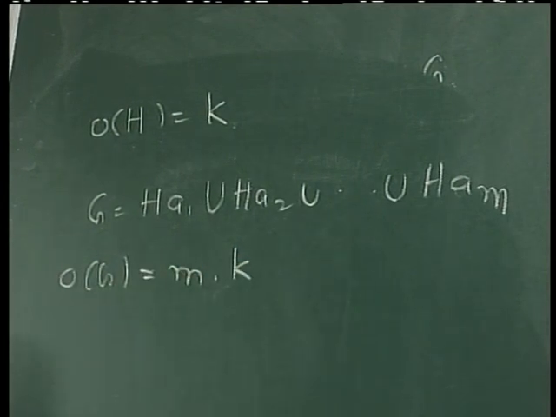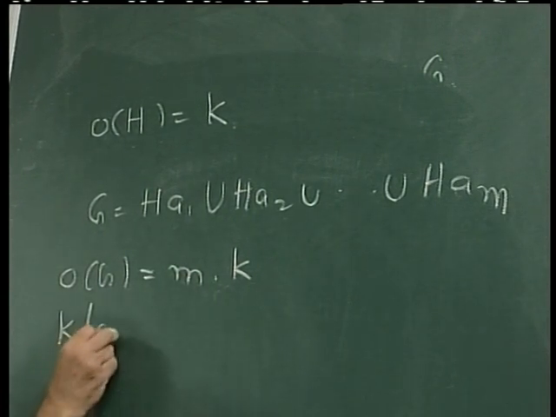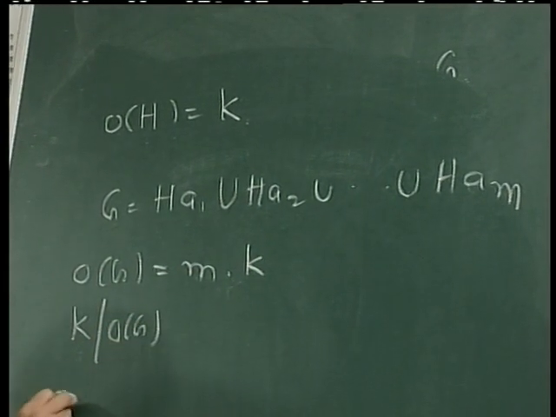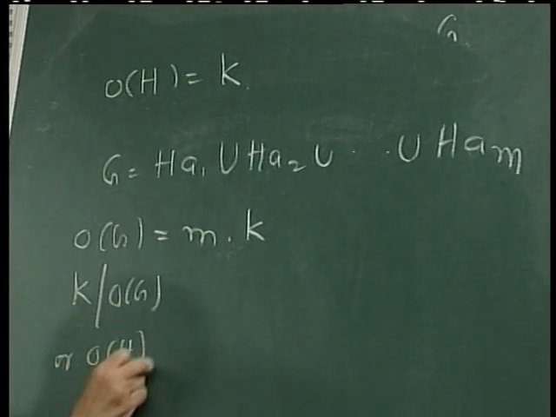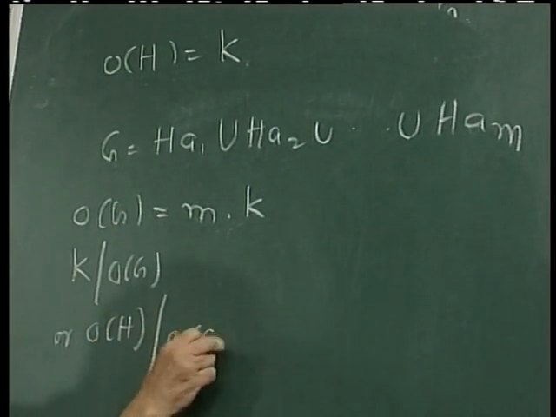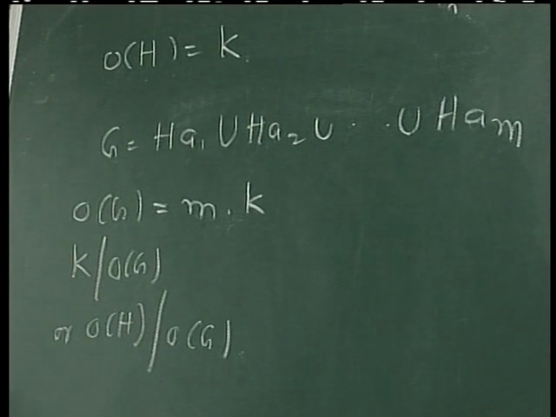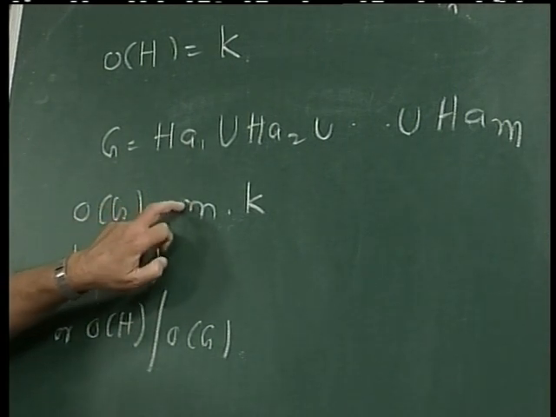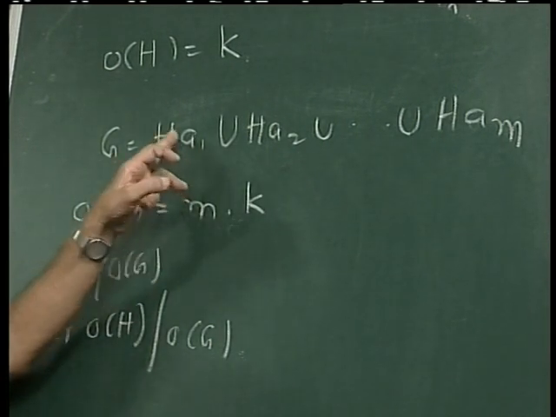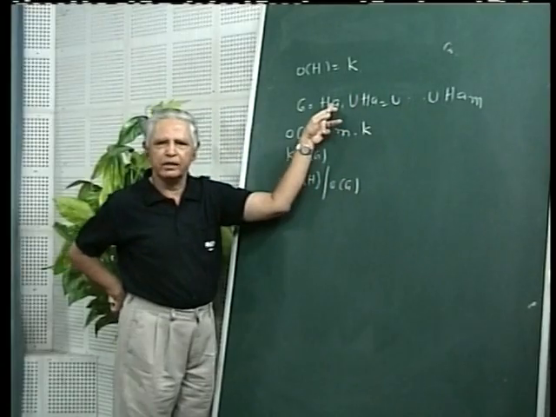And that implies, m being an integer, this implies k divides O(G), or order of H divides O(G). Now what is this m here? This m denotes the number of distinct right cosets here.